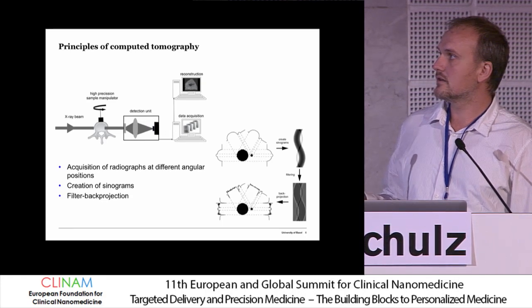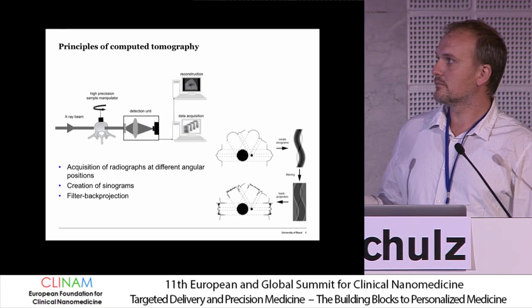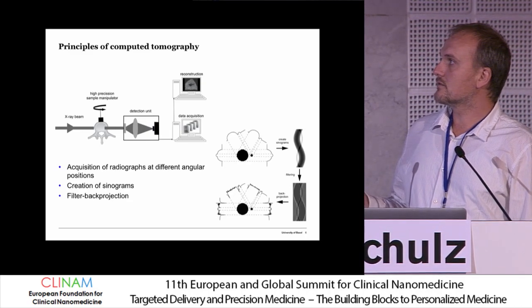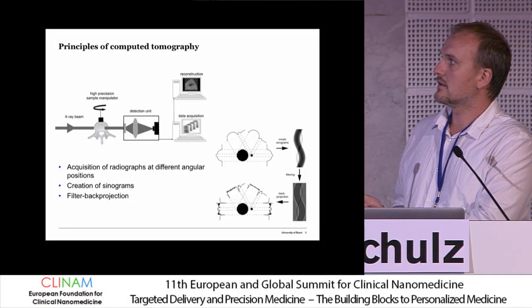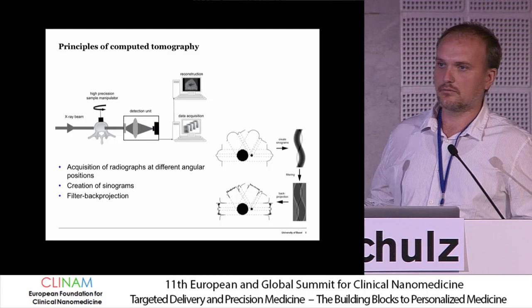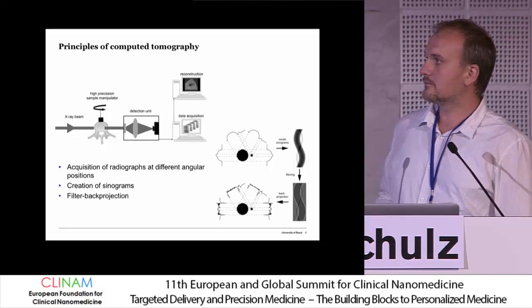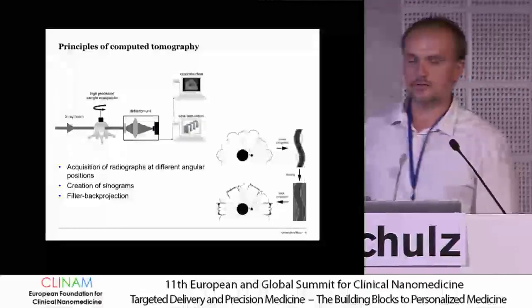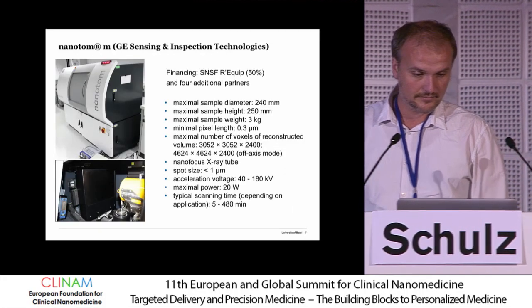You acquire images at different rotation angle positions, around 1,000 to 2,000 images, and create such a sinogram where one line is one image, one angle of the whole scan. Using this, you can reconstruct the data and have virtual 3D information of the specimen.